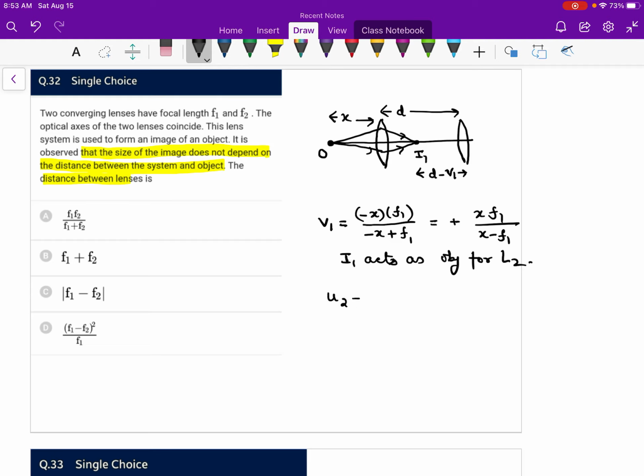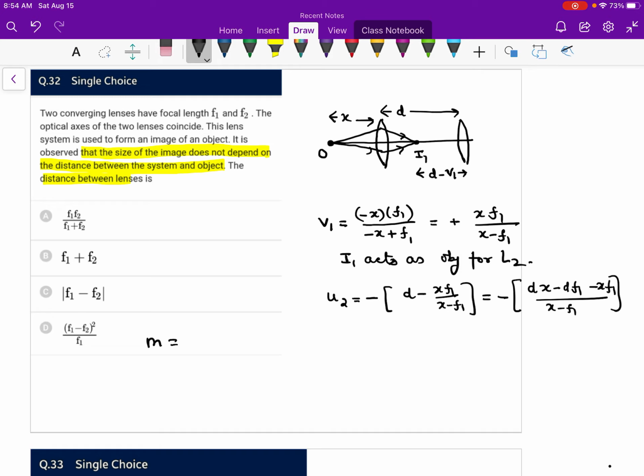So now u2 is minus of (d minus v1), which is x f1 upon x minus f1. This is image distance, so this is minus (dx minus df1 minus x f1) upon x minus f1. Okay, so this is u2.